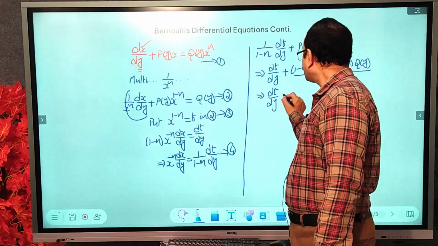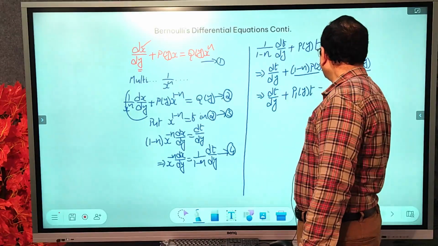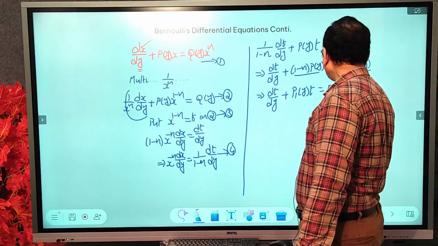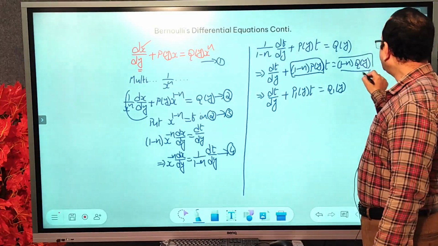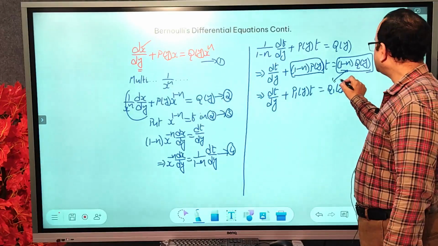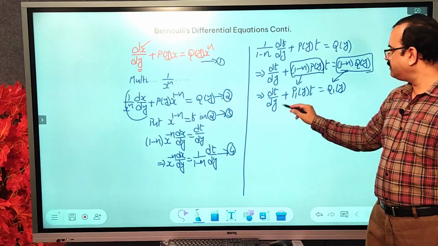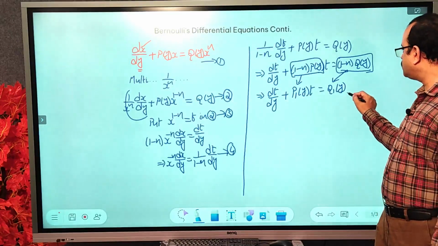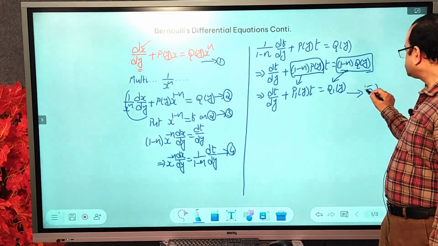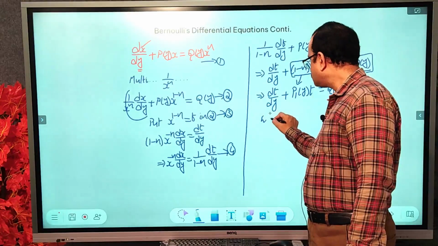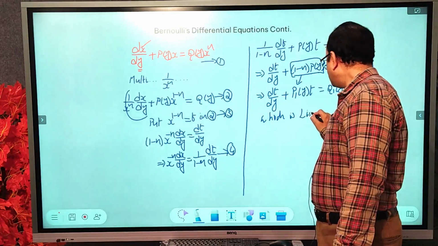So where p1 of y is 1 minus n into p of y, and 1 minus n into q of y we take as q1 of y. Now this is nothing but dt by dy plus p1 of y into t is equal to q1 of y, which is linear in t.